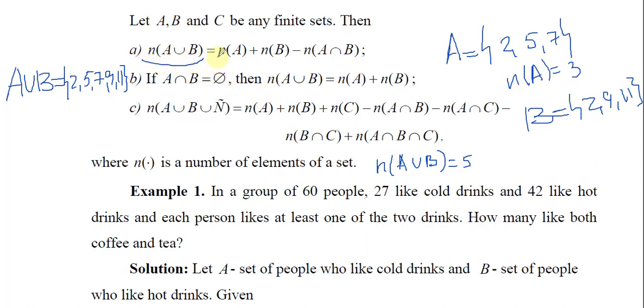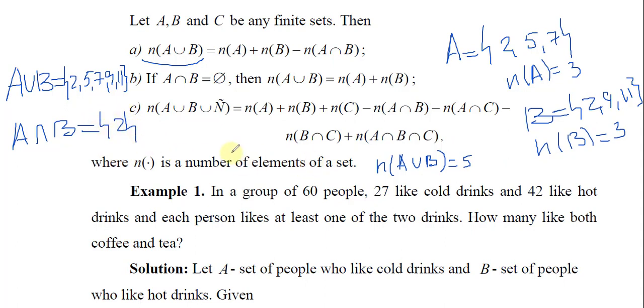Now let's take the right side. So n A is 3, n B is again 3, and A intersection with B is just 2.